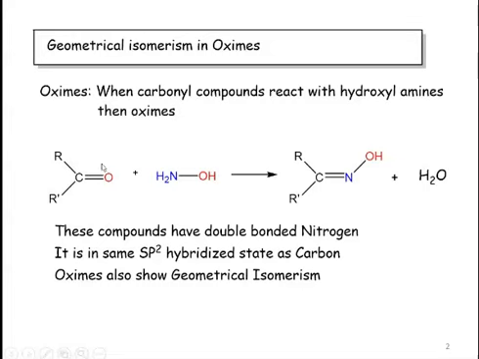If it is a ketone, then we call it a ketoxime. If it is acetaldehyde, in that case acetaldehyde oxime. I think you have come across this type of reaction when you studied POC1 in the second semester of the B Pharmacy course.